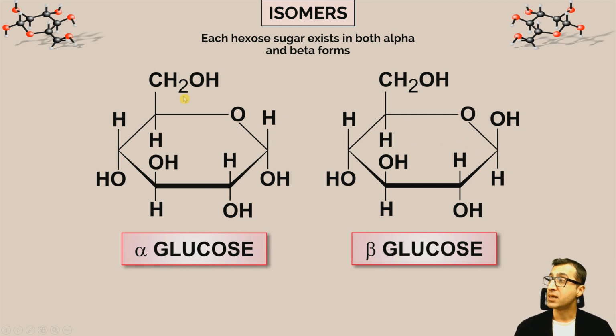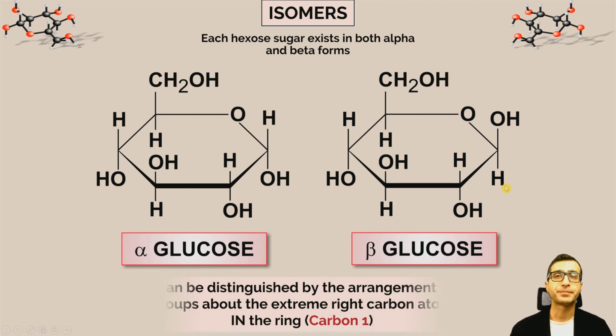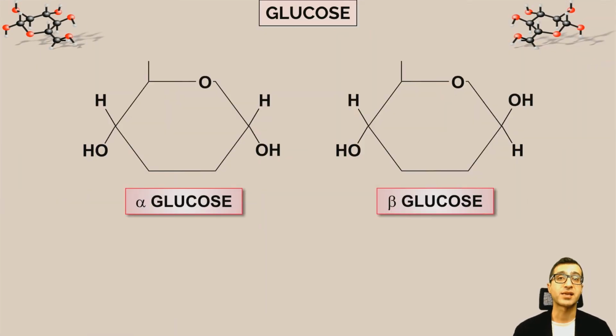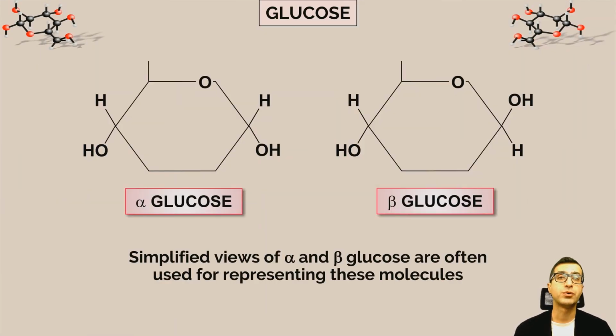So we see here in the Haworth projection of alpha glucose that the orientation of those 2 bonds is opposite to the orientation of those same 2 bonds on the same carbon, carbon 1, in beta glucose. So we can use semi-skeletal, semi-structural formulae like these, and these can be represented in a number of different ways. And so the same 2 molecules can be represented like this, which is essentially a simplified view of the alpha and the beta glucose molecules.